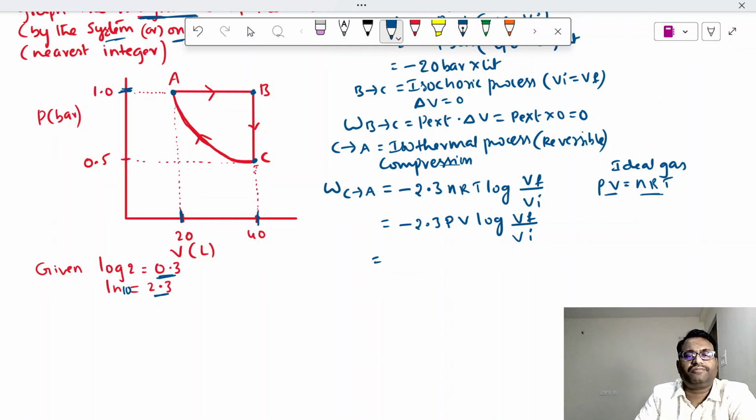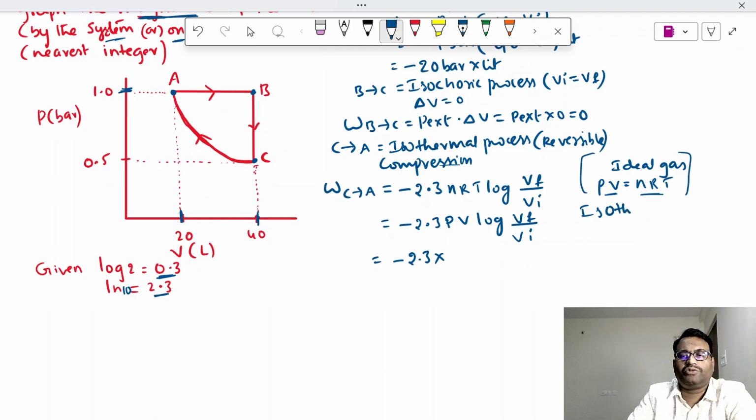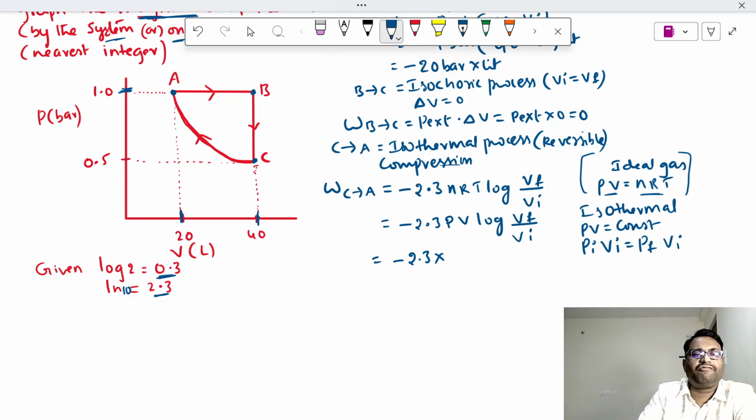In an isothermal process, PV is equal to constant, so P initial V initial is equal to P final V final. Either you take 40 into 0.5 or 20 into 1, it will be the same.